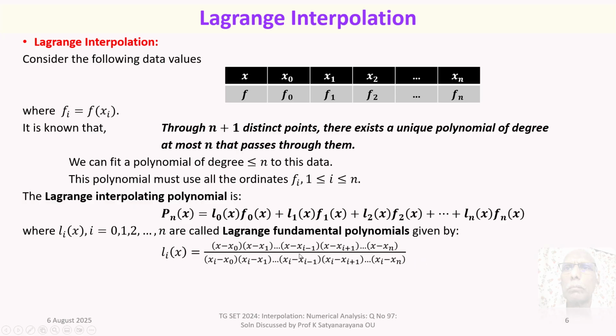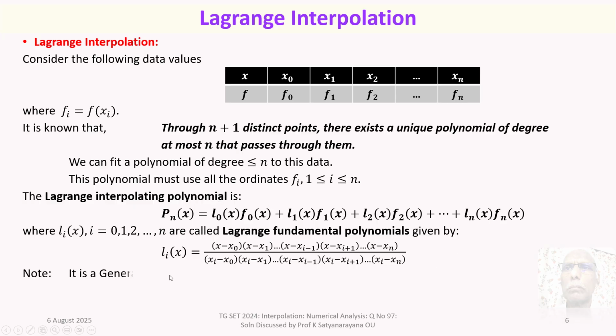After writing the numerator, in the denominator, wherever there is x, you replace it by xi. Then you will get this quotient, and that is Li of x for i equal to 0, 1 to n. Take this and substitute in this, then you will get the Lagrange interpolating polynomial.